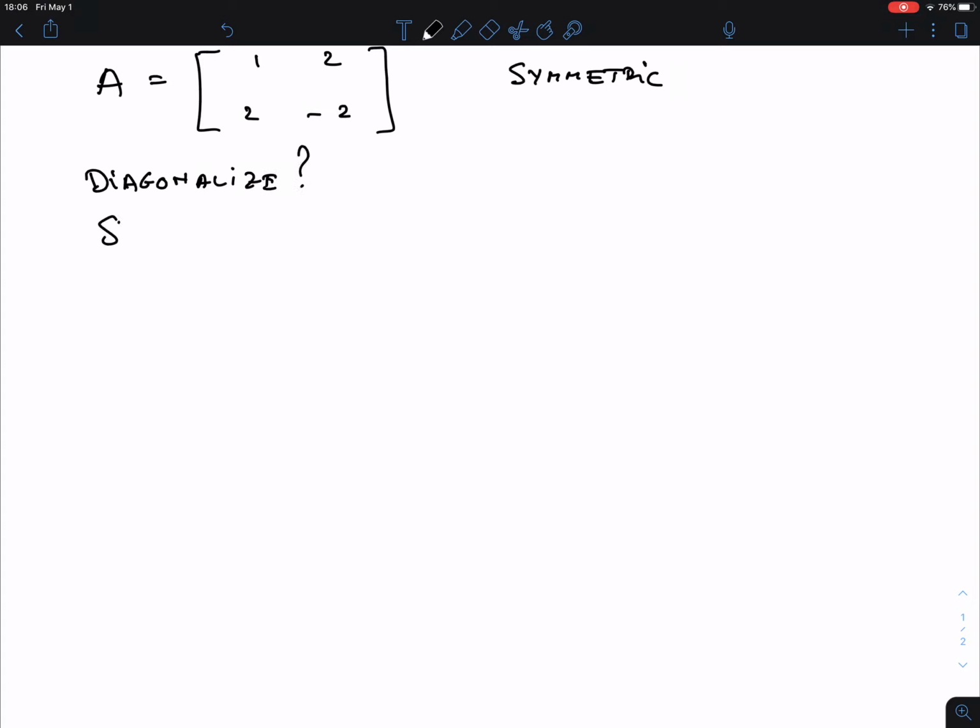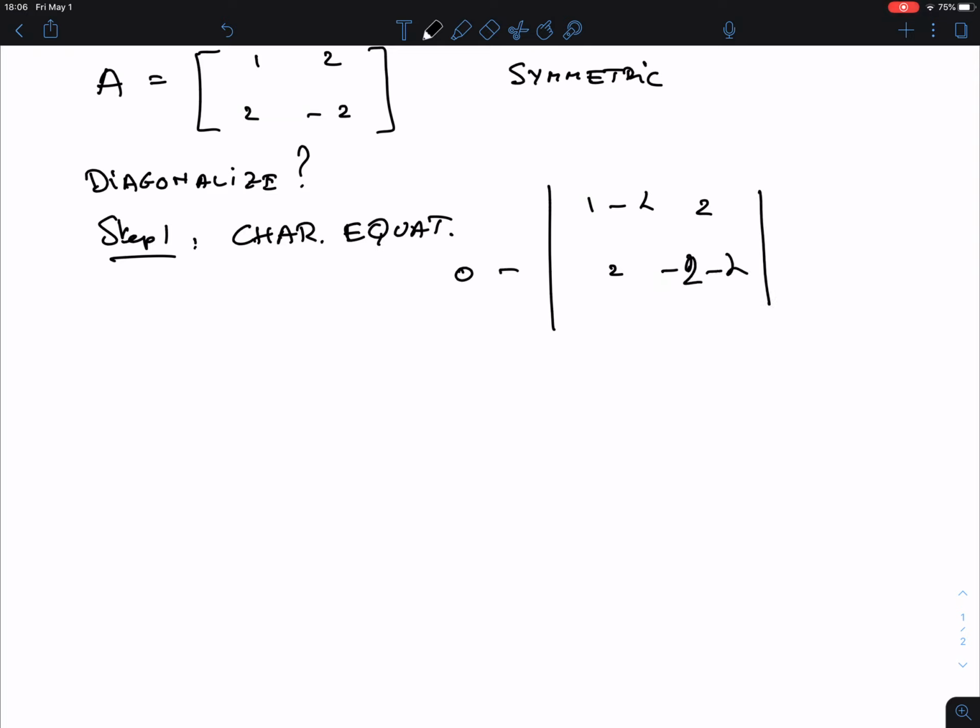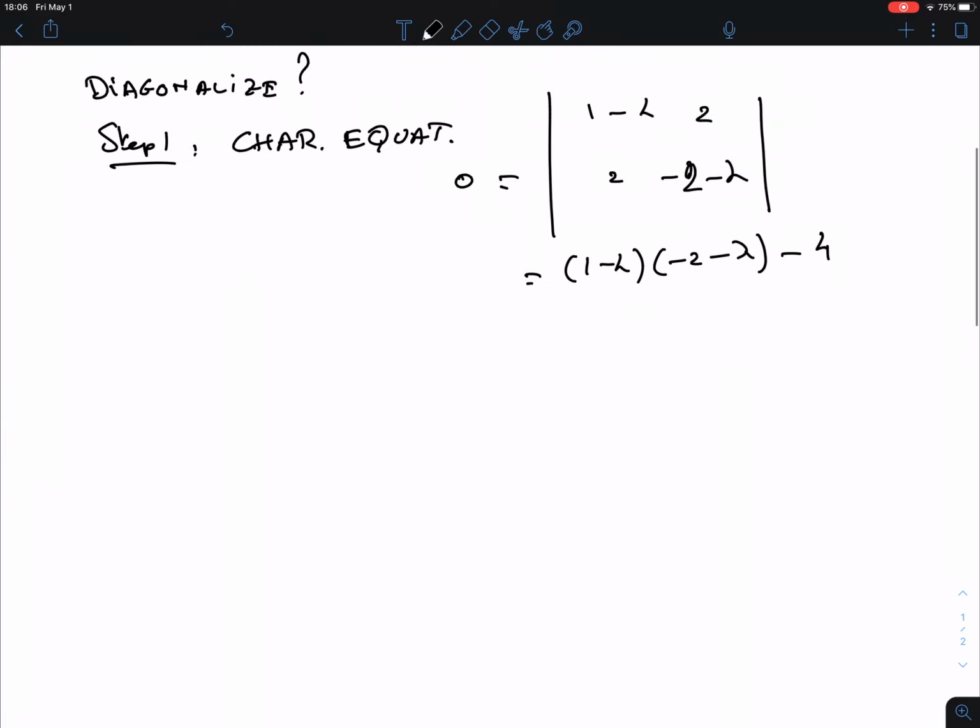Okay, step 1 was the eigenvalues, from the characteristic equation: 1 minus lambda times minus 2 minus lambda, minus 4, set equal to 0. Be very careful with all the negative signs.